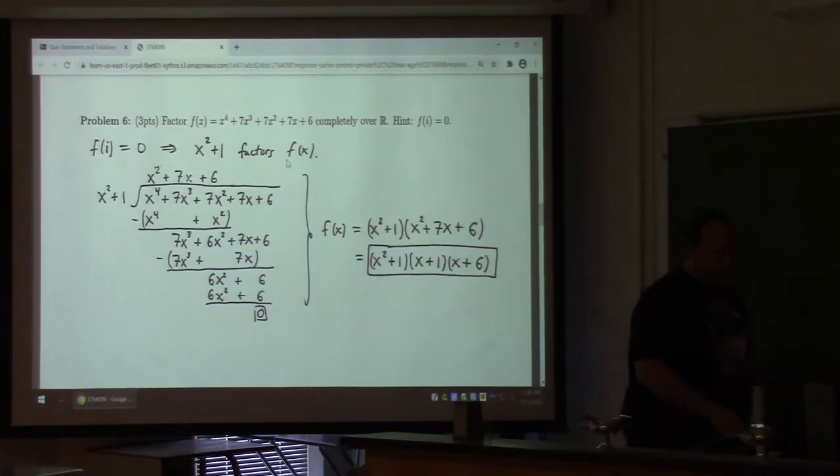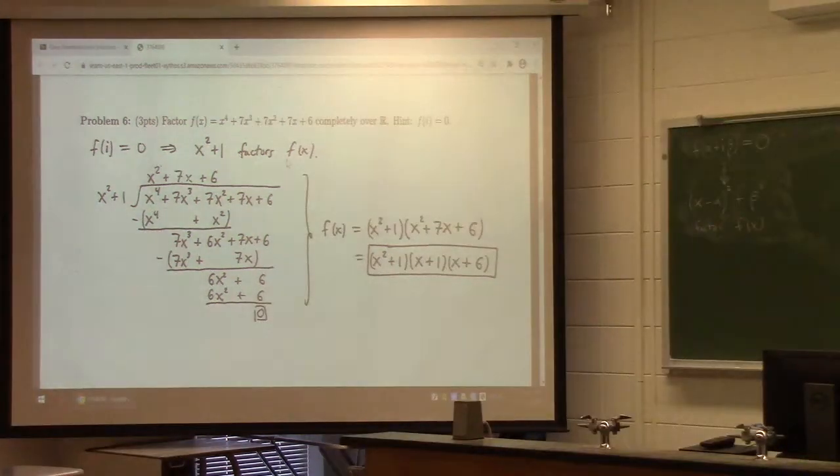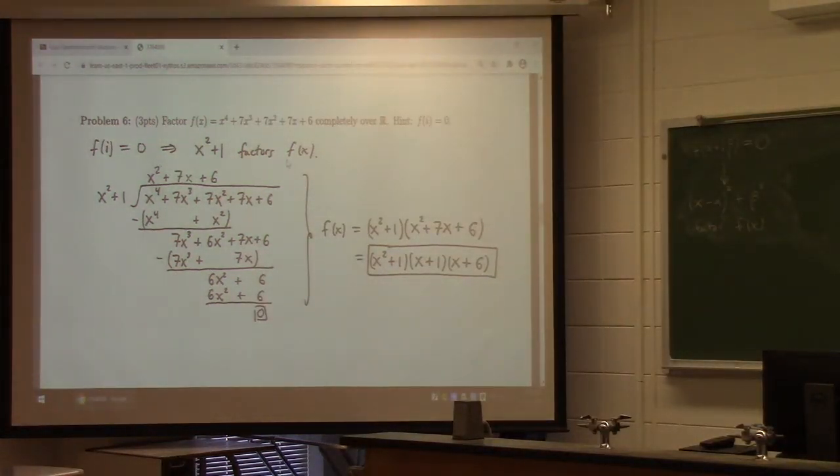That should definitely be on your formula sheet, but not just that. It should be in your heart. You should hardwire this fact into your brain.